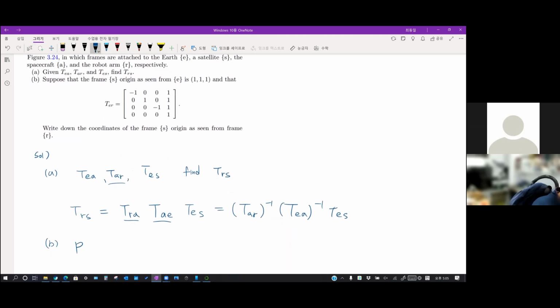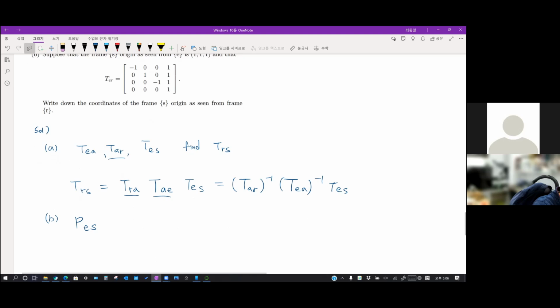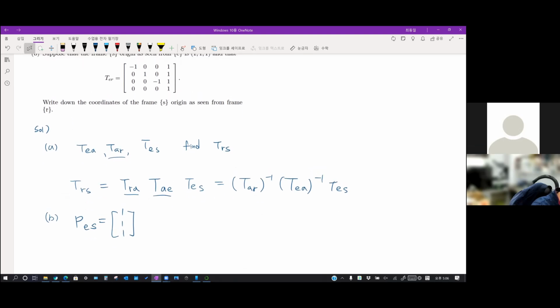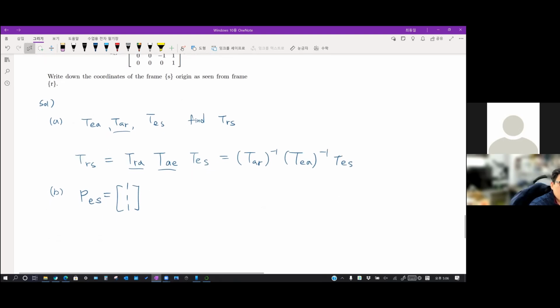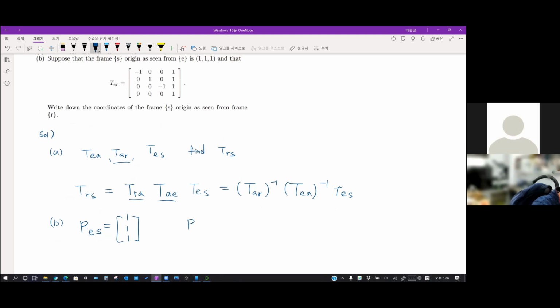So some position of S from E, based on E. So this one is E and this one is S. So this PES is 1, 1, 1. And then write down the coordinates of the frame S origin in frame R. So in here, we should find PRS.